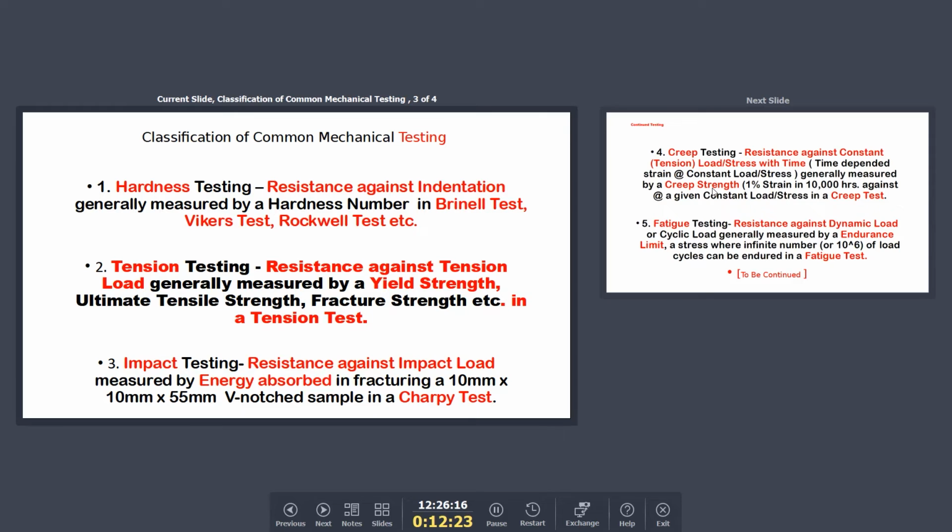When we break it with a hammer, it absorbs some load before fracturing, and that is known as resistance against fracture. This energy absorbed is a criterion for understanding impact resistance.